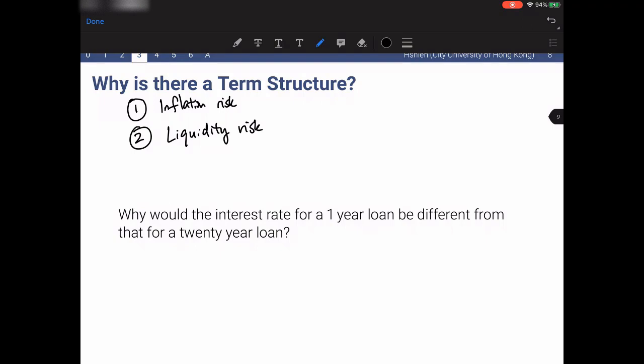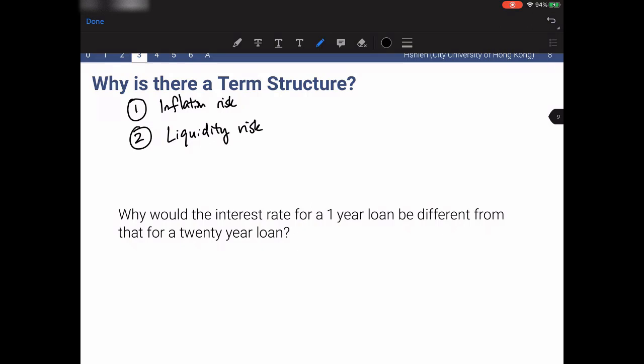So that's what this liquidity risk is, right? Because you want to be compensated for the additional risk that you may be unable to sell this 7-year bond that is potentially very hard to find a buyer for. So that's liquidity risk.